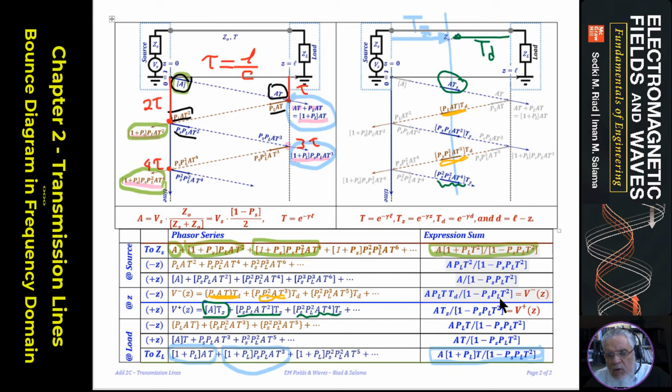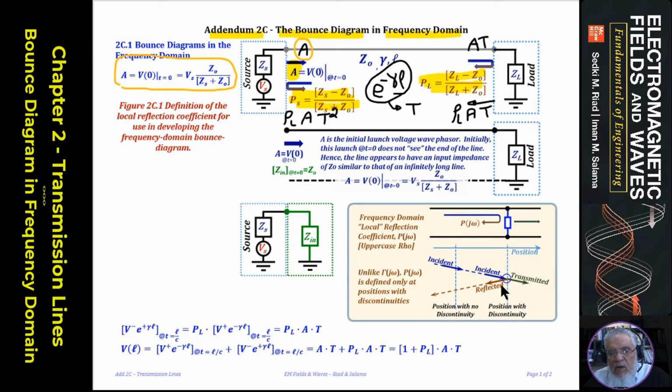If you divide these by each other, you don't get simply rho of Z, because there's no such thing. The rho is basically the instantaneous reflection at the local discontinuity. There's no discontinuity at this point here, so there's no instantaneous reflection. The signal doesn't get reflected here. The signal gets reflected here. So the physical reflection happens here.